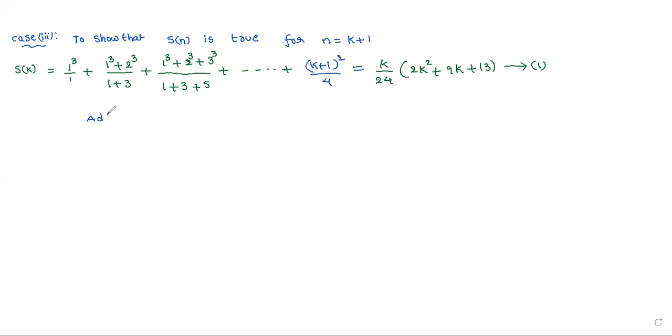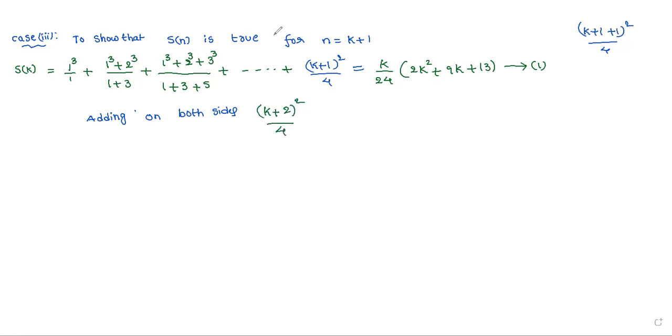Adding on both sides k plus 1 whole square by 4, that means replacing k with k plus 1 gives k plus 1 plus 1, that is k plus 2 whole square by 4.